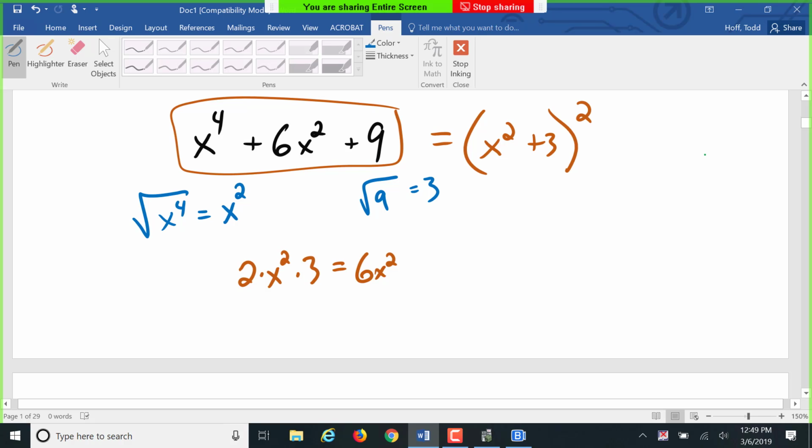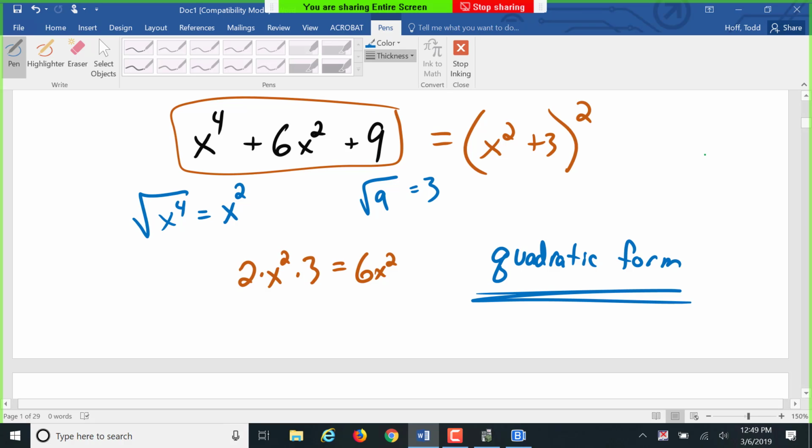It's something called an equation that is in a quadratic form. What quadratic form means is that this last term has no variable or has a variable of the appropriate power. This middle term, its variable, and the variable in that first term, the power of the first term is double that of the second term.